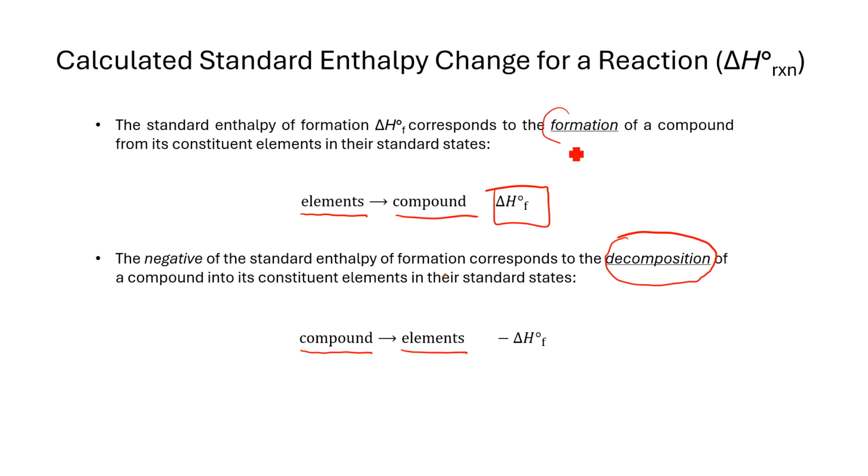So the opposite of formation of something is decomposing that thing. And if we're going the other way, remember how we talked about this with Hess's law, that if we flip an equation, we have to flip the sign of the delta H, right? So this is kind of like flipping an equation, and we're flipping the sign of delta H formation, which now becomes negative. We've seen something like this before when we were applying Hess's law, but this is just in terms of the delta H of formation.